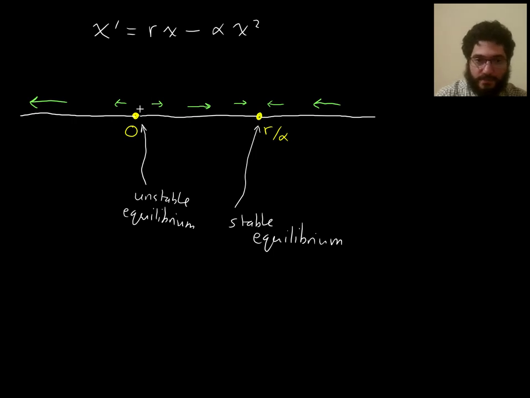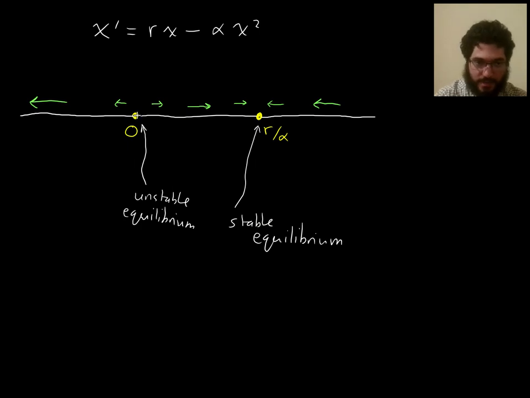But the difference is that if you start at 0 and you make a slight perturbation to your initial condition away from 0, then you will actually run away from 0.